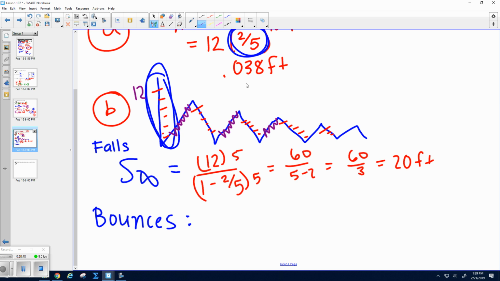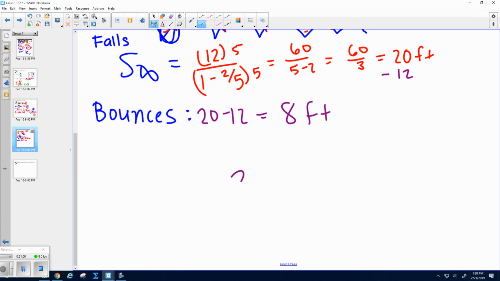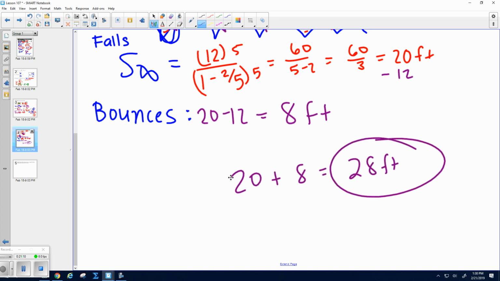So if I take all the sums of these, all I need to do is take out this very first fall, and that gives me the total sum of the bounces, so just 20 minus 12, and that gives me 8 feet for the total sum of all the bounces. All right, and then it does say the total of all the falls and the bounces, so my final answer is 28 feet.